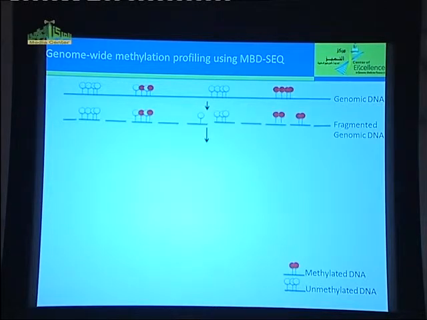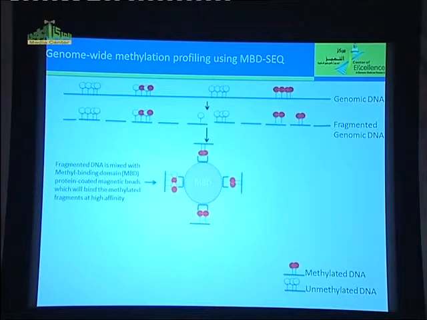You fragment that into smaller fragments, as Dr. Brian just mentioned, and we prepare libraries, but before you do so, you enrich it using methyl-binding domain protein-coated beads. And these beads have very high affinity to the methylated CpGs. You wash out the unmethylated ones, and you elute the methylated fragments. This way, you sequence it on the SOLiD platform, and you end up with nice data regarding the methylation enrichment that you saw.